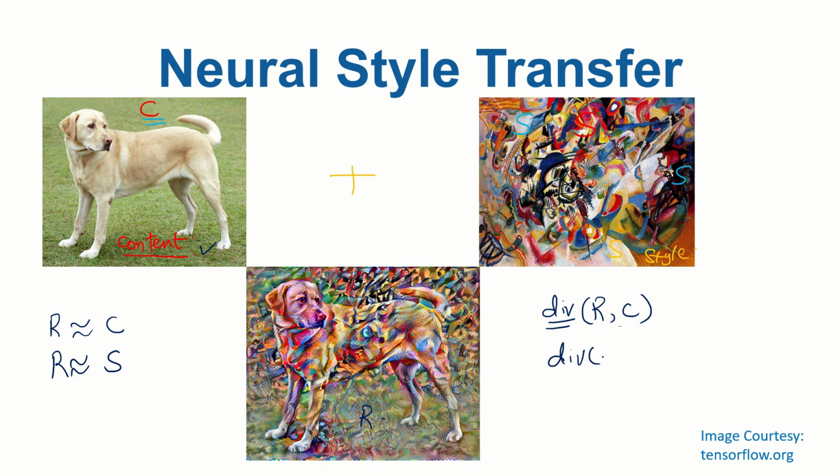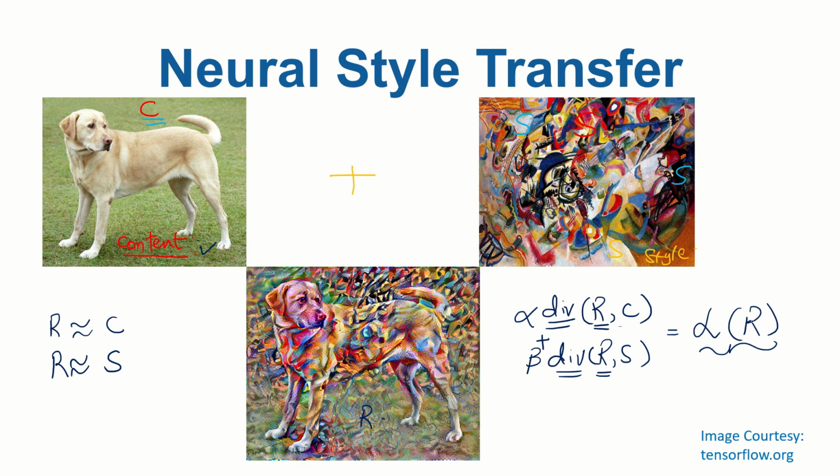Similarly, the deviation of the resultant image from the style image should also be minimum, and this is called the style cost. These two costs can be merged using hyperparameters alpha and beta, and that's the total cost function or loss function, which is parameterized by R, because R is what we really need to adjust. We want to minimize this loss function and generate this R.